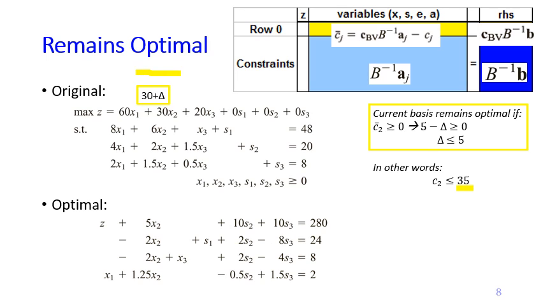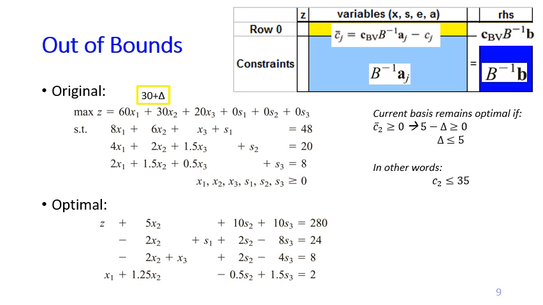Because here it says 30 plus delta, and delta is allowed to be less than or equal to 5, we know that C2 itself is less than or equal to 35. You can increase the price of x2 from 30 up to at most 5 above 30, which is 35. So that's how I get this result.